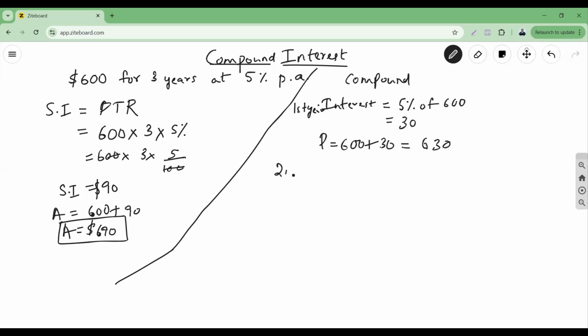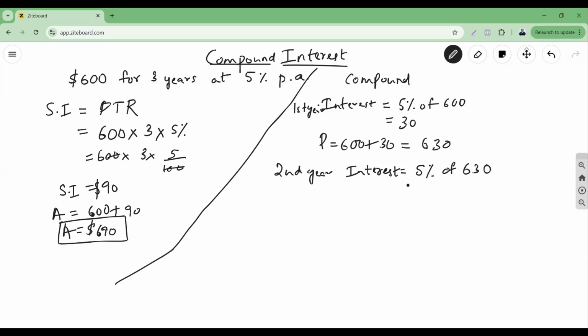So for the second year, when I calculate my interest, instead of taking $600, I will say no, it's $630. You should consider that I have given $630, because the value of money has already increased. So the principal I'm going to take is $630, not $600.